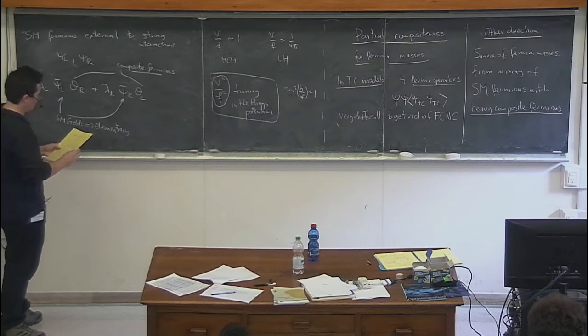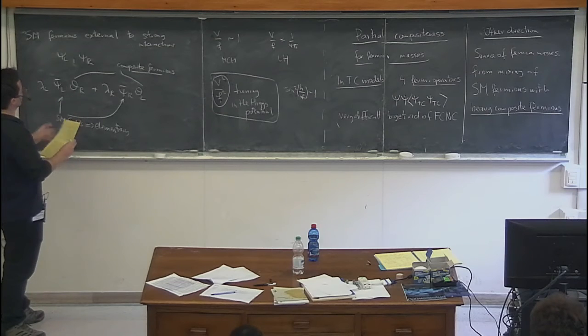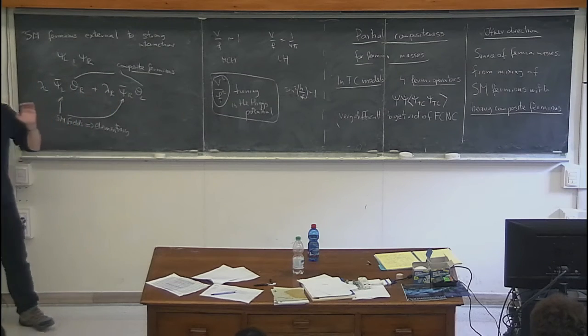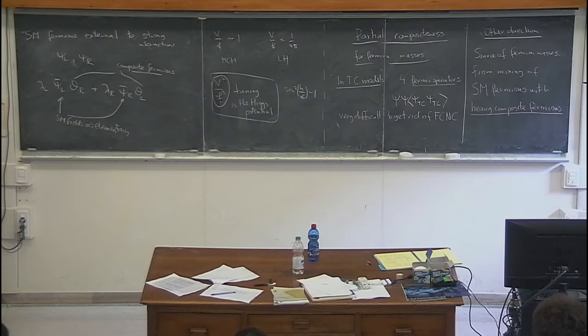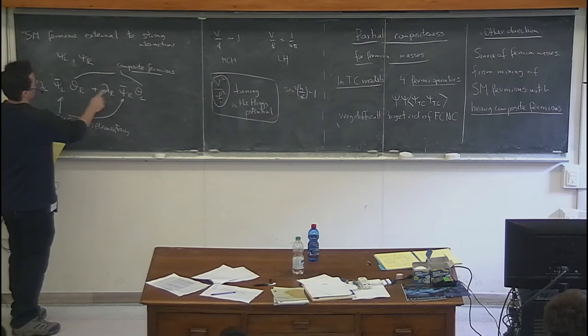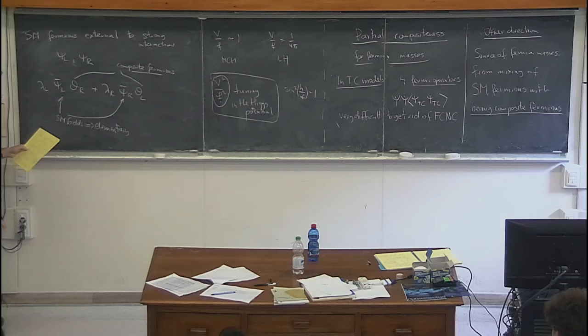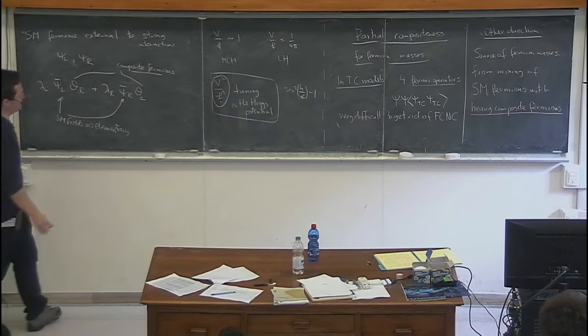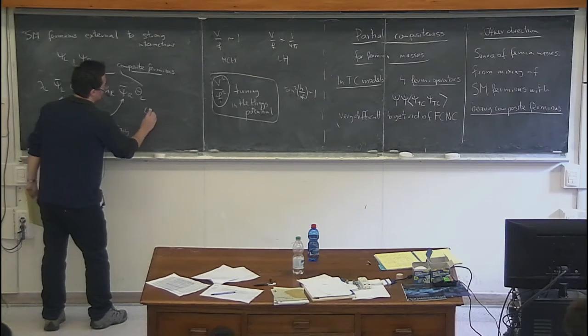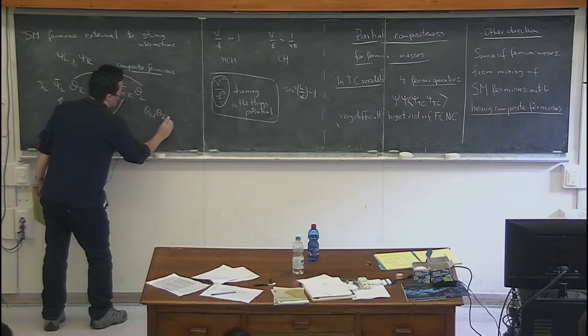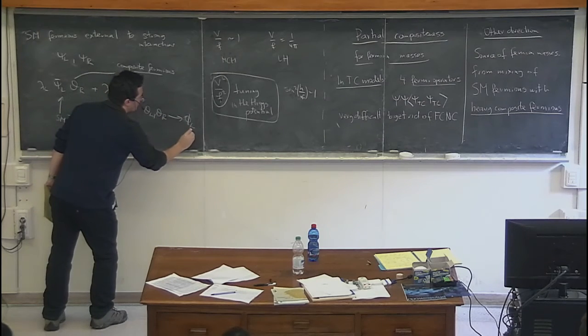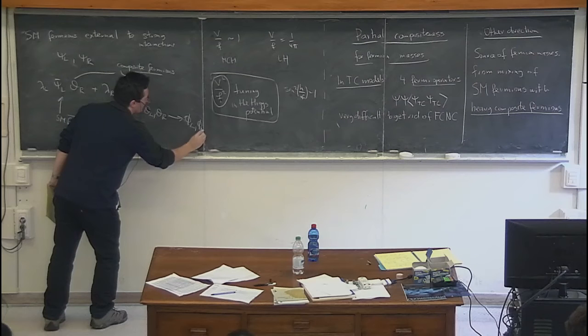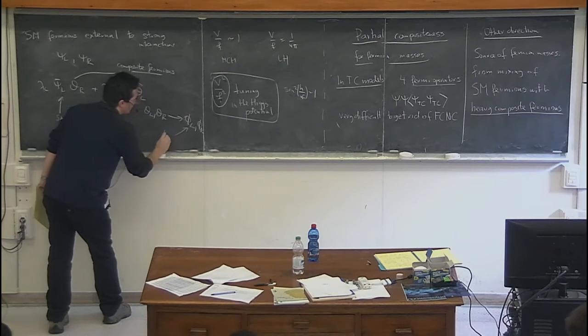Okay? So let me give you a simple heuristic picture that I think explains exactly everything that is happening in this partial compositeness story. Let me assume that these O left and O right operators have lowest excitations described by the fields phi left and phi right.